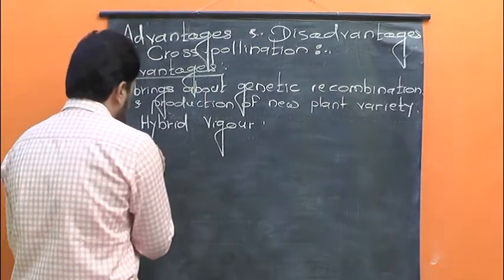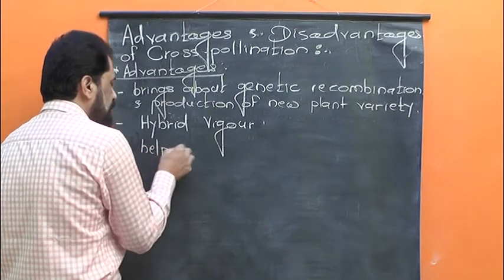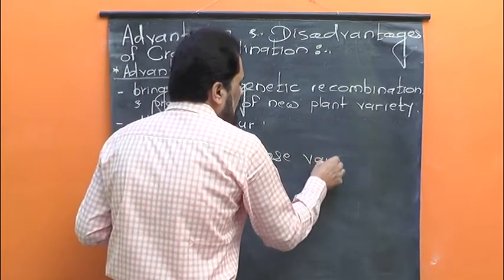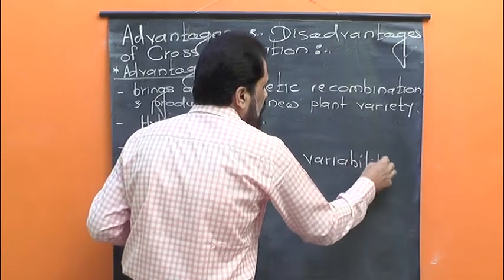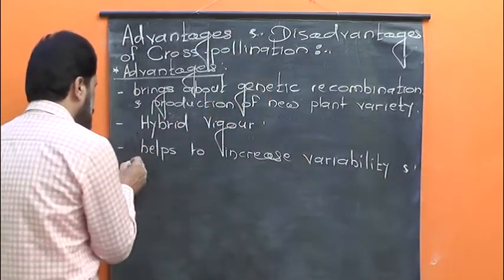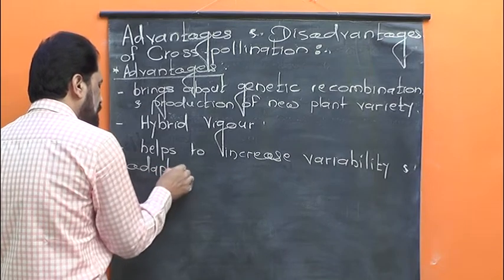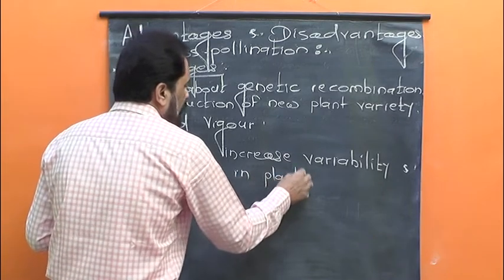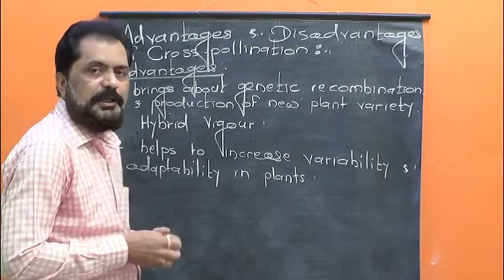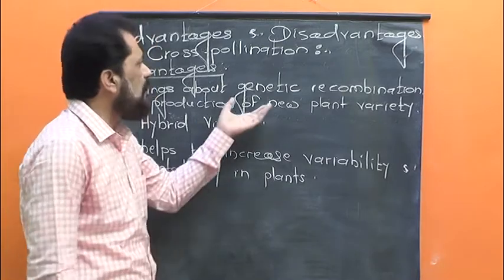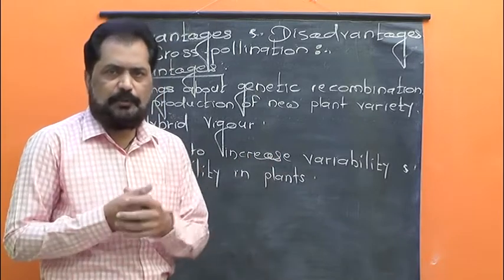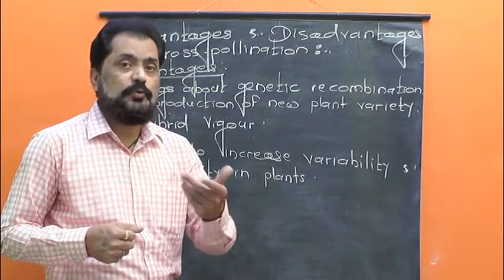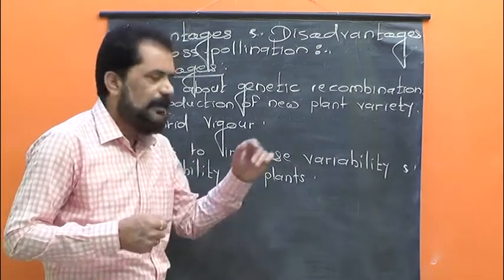Next, cross pollination helps to increase variability and adaptability in plants. Just as I said, during cross pollination genetic recombination occurs, so there is always a chance of development of certain new characters in the progeny, that is variability.